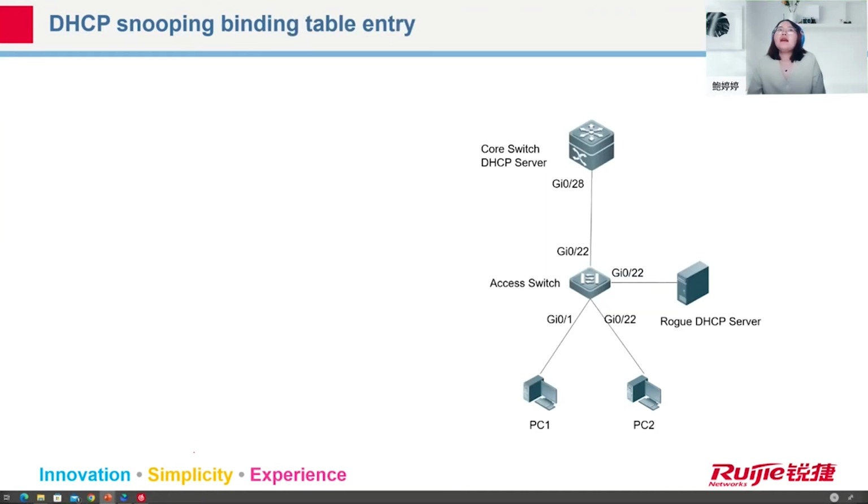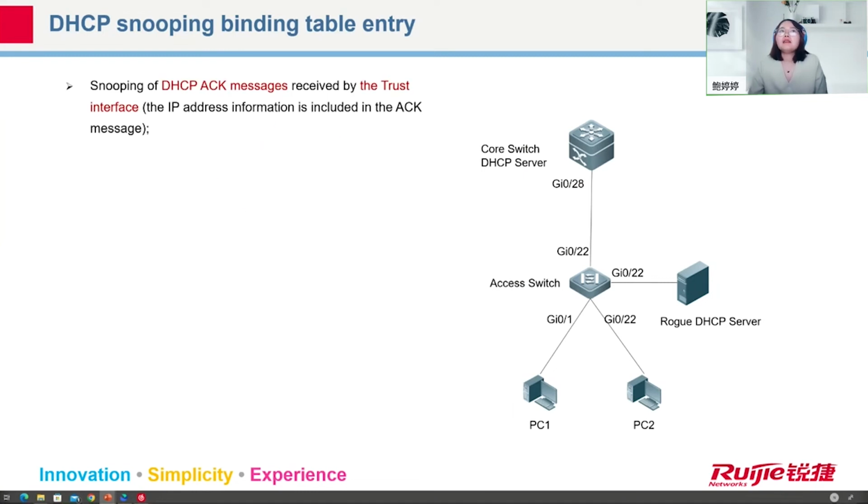And the second one, not only the trust and untrusted interfaces, the switch will also build a special DHCP snooping entry. It snoops the DHCP ACK message received on the trust interface. From this interface, we will receive the correct message from the DHCP server.